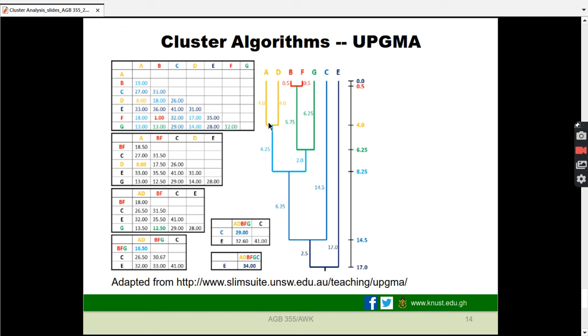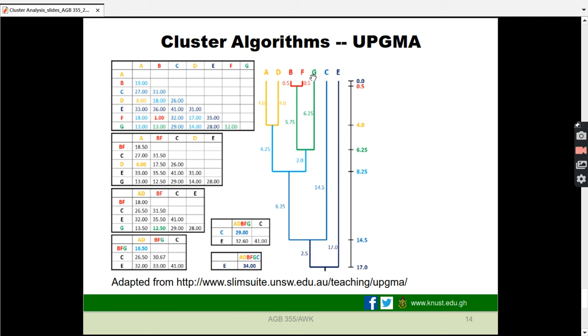Now we come again. The least here is 12.5, and 12.5 links G and BF. 12.5 when divided by 2, you get 6.25. We mark it here, and G links to BF.